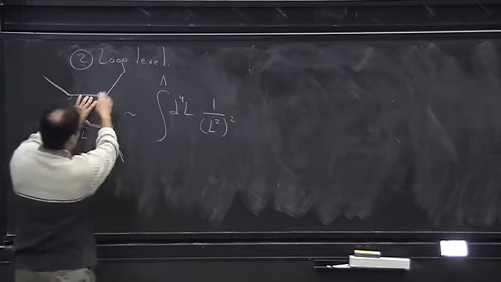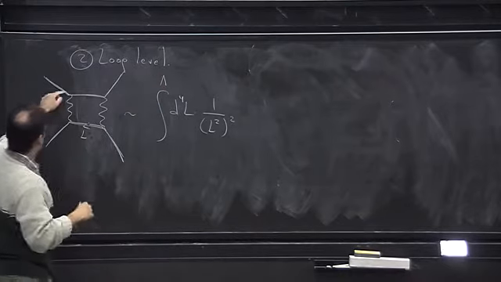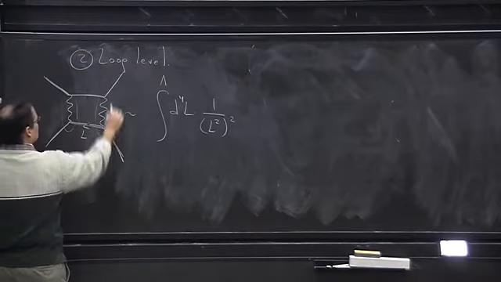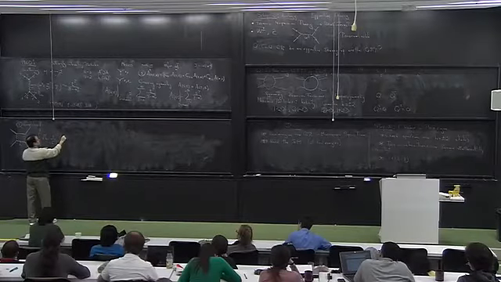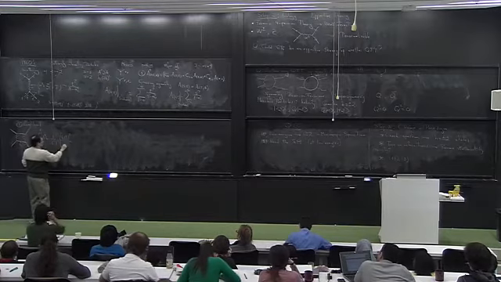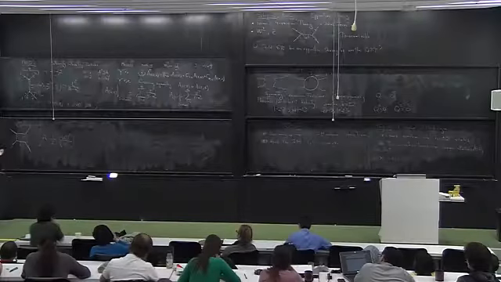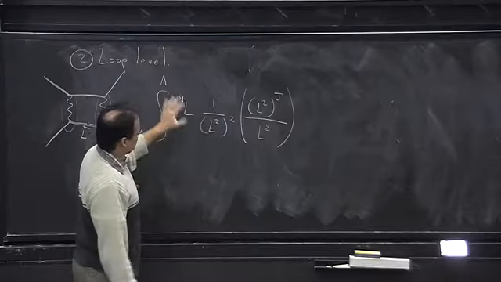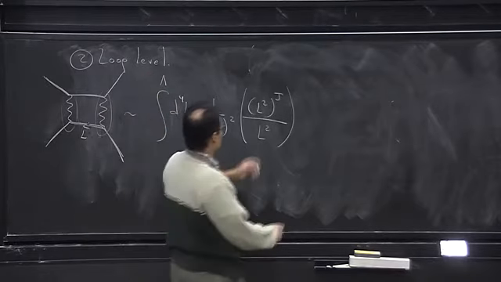We don't care very much about anything else. We care only about the behavior for large momenta. And now we have these factors, which are the ones that we have over there. So we have something that looks like L squared to the j divided by L squared, okay?